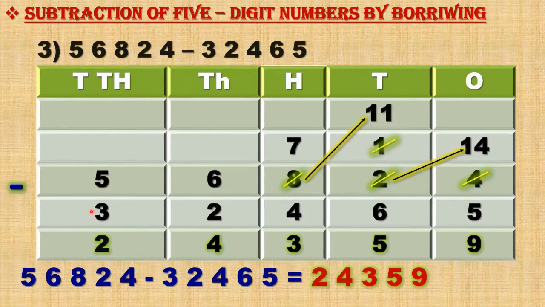So 5 minus 3, we got 2 10,000s. The final answer is 24,359. So students, the difference between two numbers is 24,359.